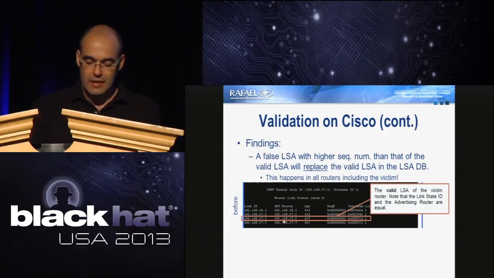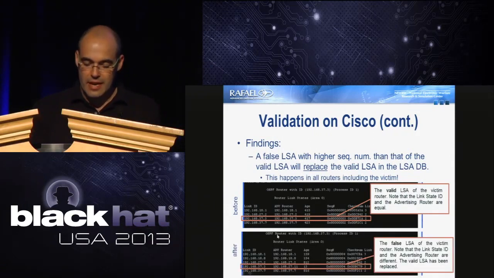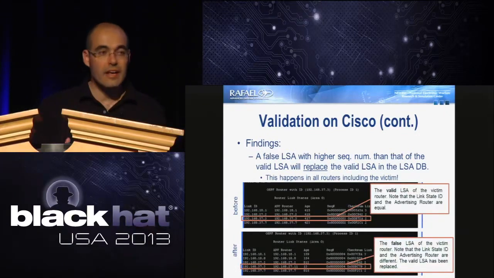This is before the attack. And after the attack, again, the link state ID is 37.3, and here you can see the false LSA, which has a link state ID of 37.3 and an advertising router of 27.11. This is an arbitrary number I chose. And indeed, the LSA database after the attack does not include the valid LSA. It was simply replaced.